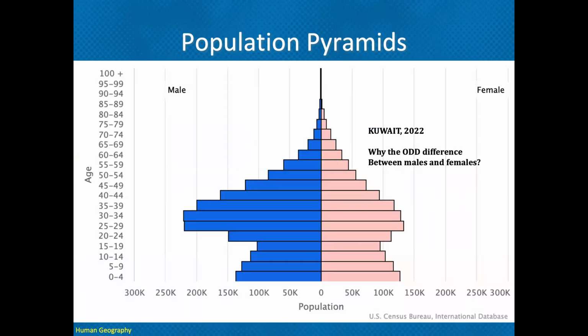Here's an example of Kuwait. More young men and more men ages 20 to 45 than women. And the difference here is imported men, basically. Men who've been imported, meaning they migrated there as a function of work possibilities.